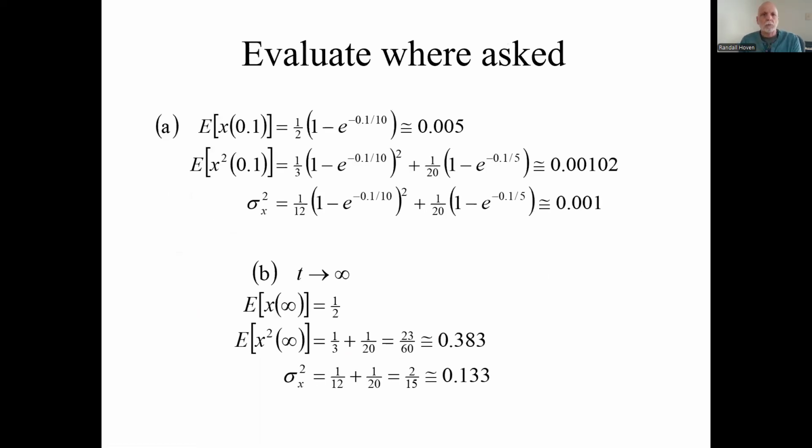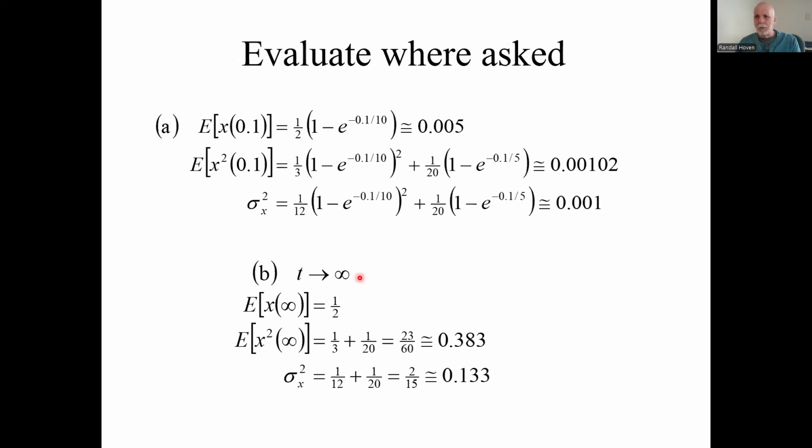Then we were supposed to evaluate it at 2 different times. One was at 1/10 of a second. Get these numbers. Pretty small variance, pretty small mean. And then as time goes to infinity, they go to constants. Here are their numbers, but only at a particular time.